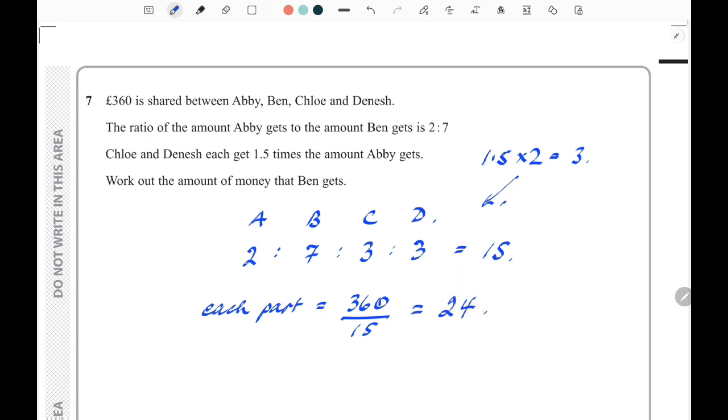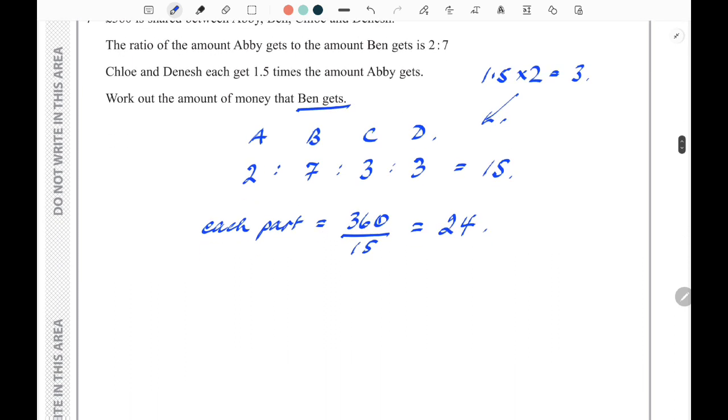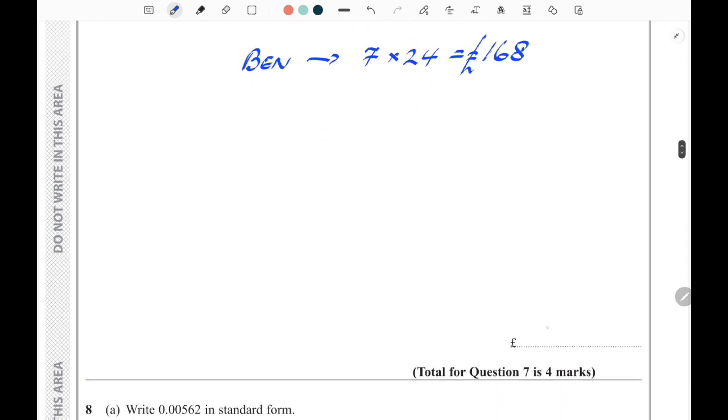And then we want to know how much money Ben gets. All right. So Ben gets 7 parts. 7 times 24, and that I think comes out to £168. Okay, so the total there is 168.